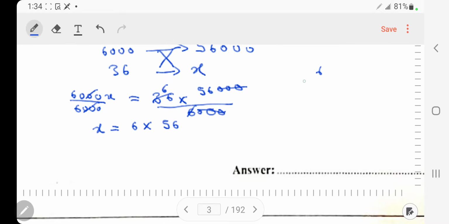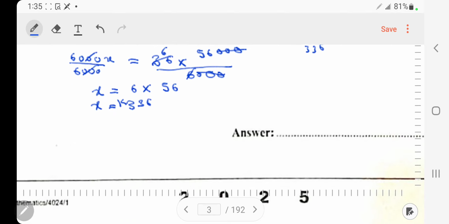What is 6 times 56? 6 times 6 will give you 36, carry 3. 6 times 5 will give you 30, plus that remainder 3. So we have 336. This means that Betty will get exactly 336 kwacha for her 36 shares.